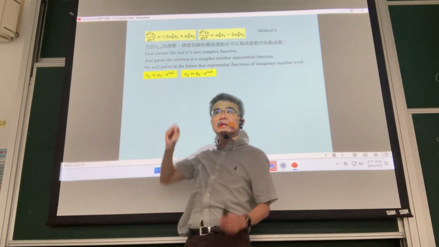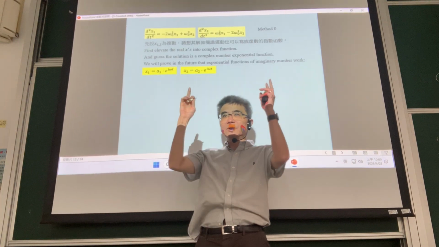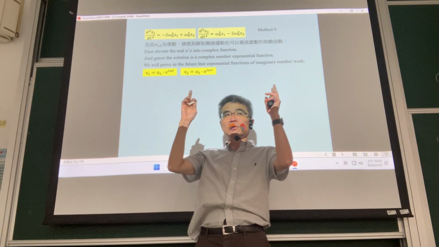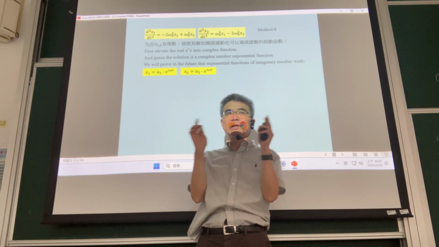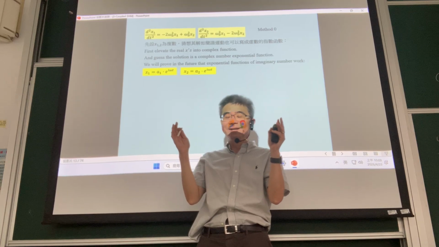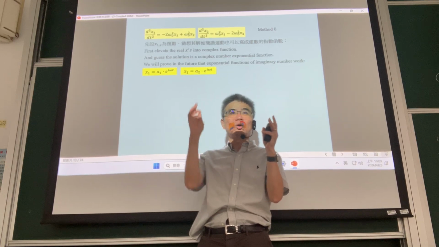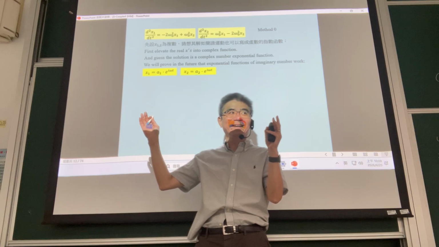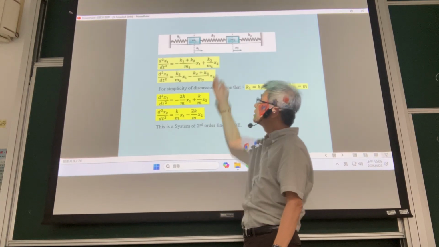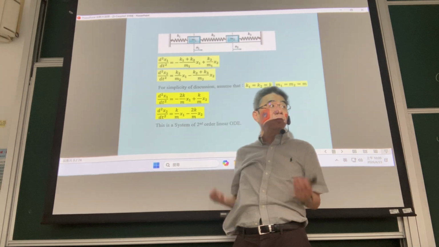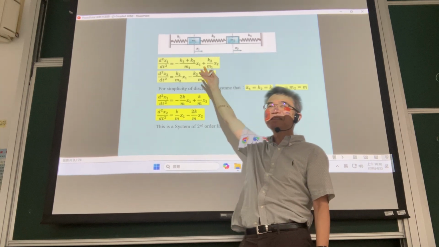Then i omega is oscillating. Remember the opening remarks I gave you today. If alpha is imaginary, that means the system is oscillating, cosine omega t plus 1, right? So if I write it this way, that means this system is oscillating. Of course, this is a spring-mass system.